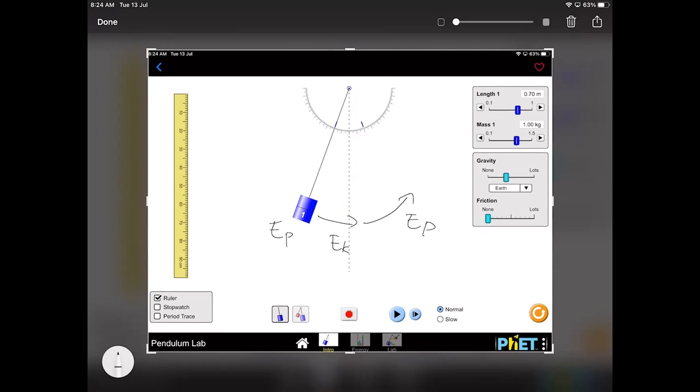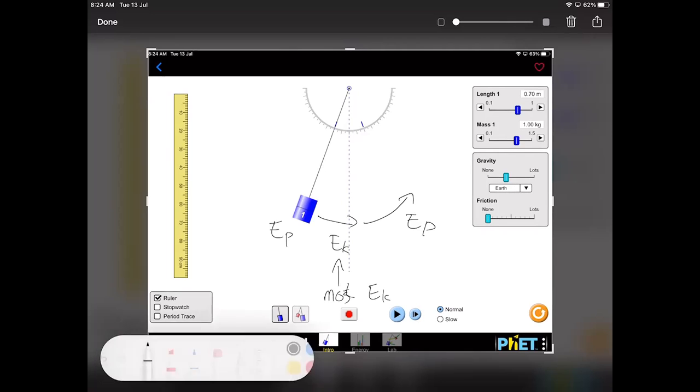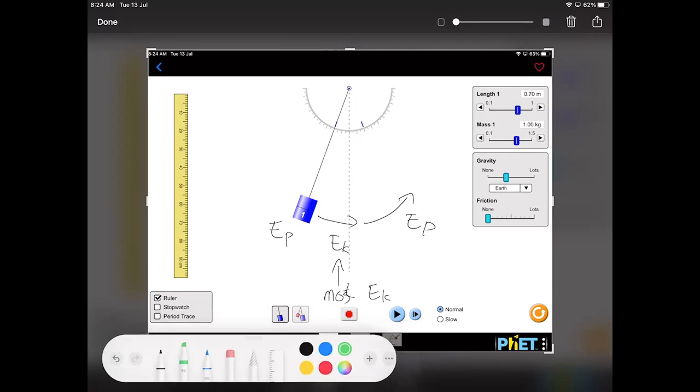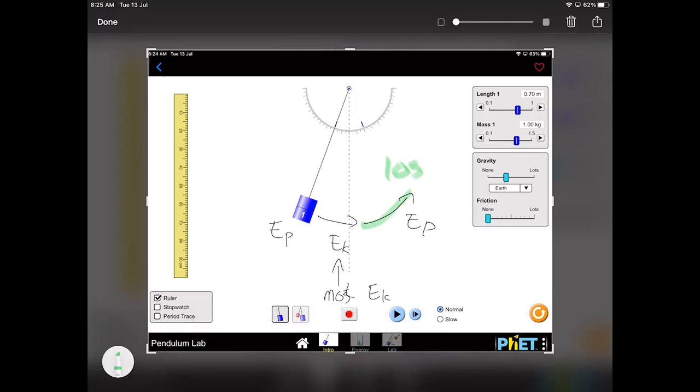In the center, correct. This is where you're going to have the most EK, because all that potential energy has been converted to kinetic energy. And then as it starts moving this way, it's going to lose EK, because all the EK is going to be converted to EP. So it has its most kinetic energy at the bottom point.